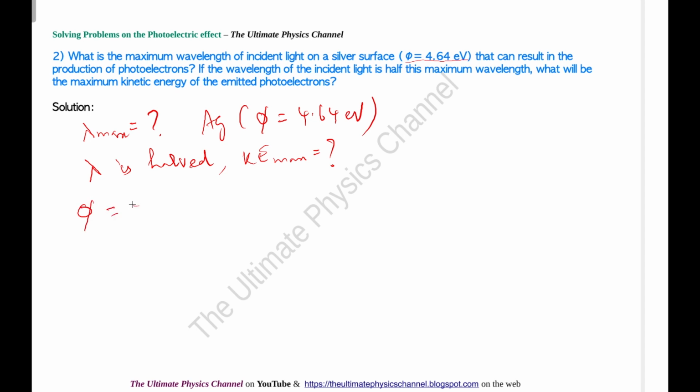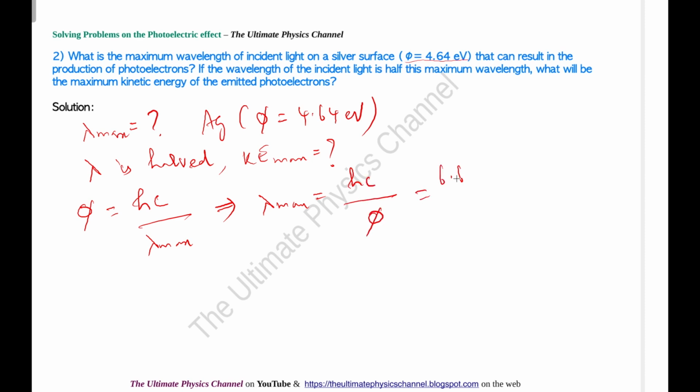We know that phi is equal to hc over lambda max, and therefore lambda max can be written as hc over phi.